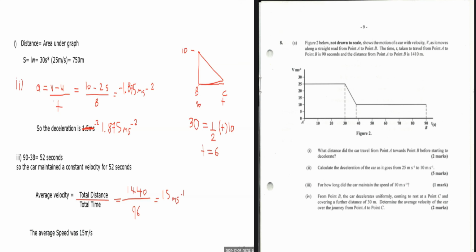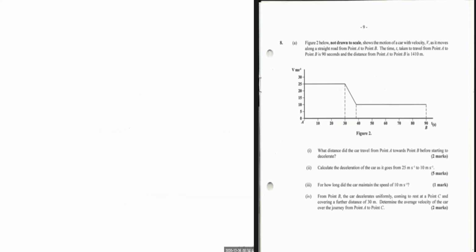Finally, we're at the last portion of the paper, and it says a particle P travels along a straight line. It starts from rest at P, and after 10 seconds, it comes to another point Q, and the velocity V at the time after leaving P is given as follows.